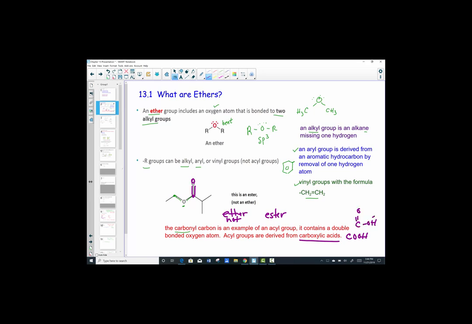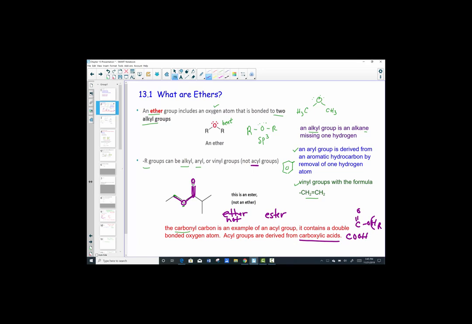If we remove the H and replace it with an R, we come up with an ester. So the criteria for an ether: I recognize an oxygen bonded to two other carbons, but that carbon cannot be directly bonded to a double bond oxygen. That's an acyl group, and that is a different functional group.